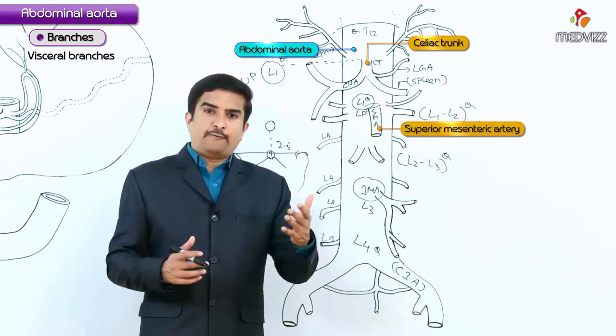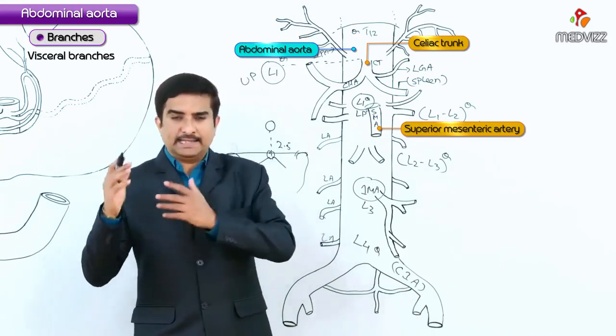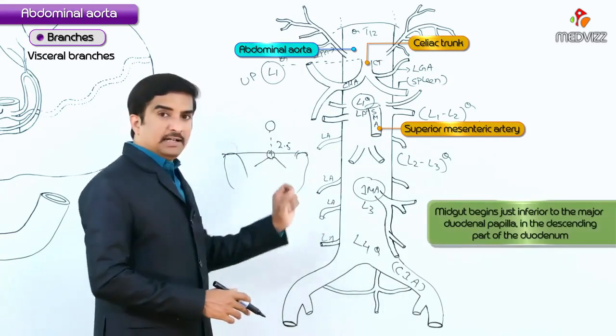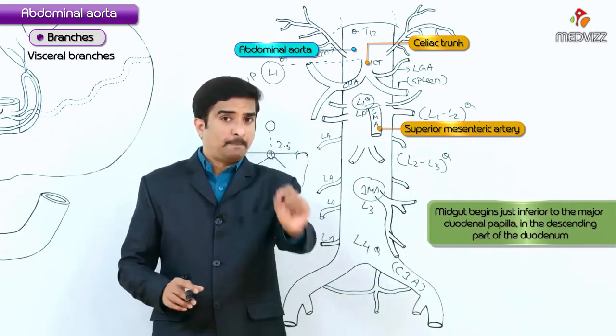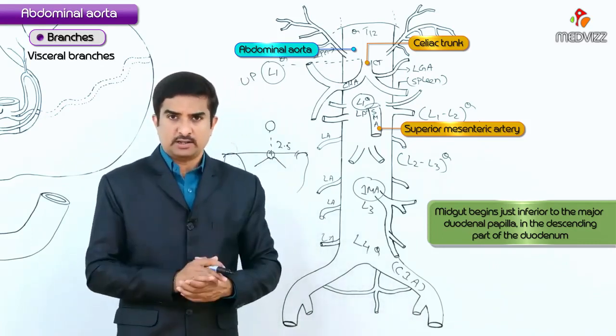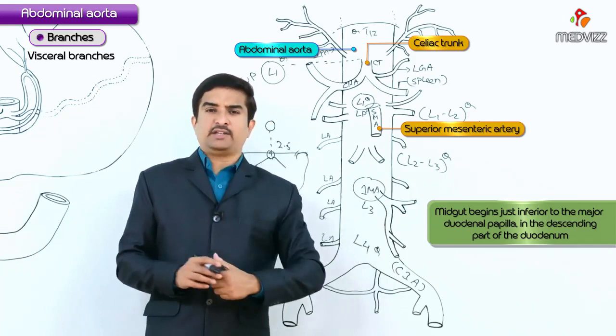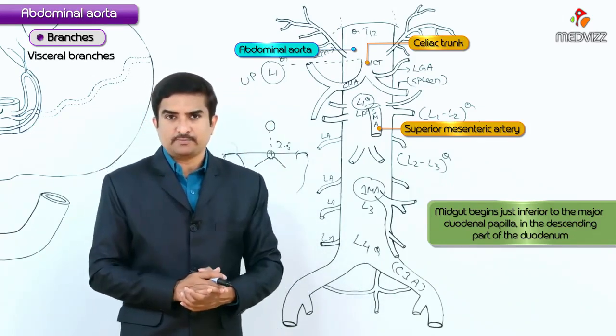Where the foregut ends, that is the anatomical location where the midgut begins. So the midgut begins just inferior to the major duodenal papilla, because up to the major duodenal papilla we call it abdominal foregut. Just inferior to the major duodenal papilla, you can see the beginning of the midgut structures.